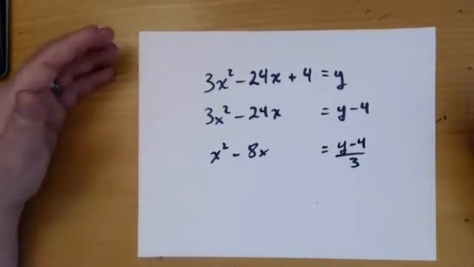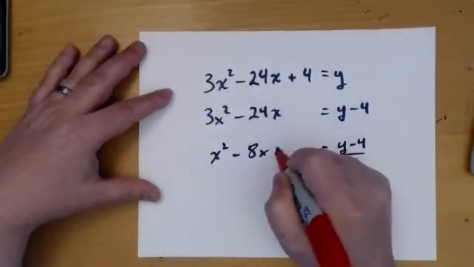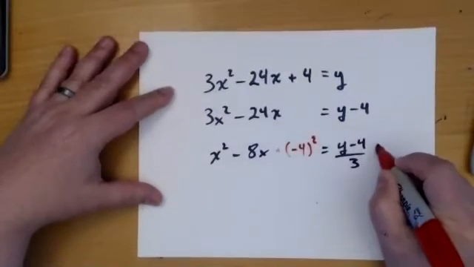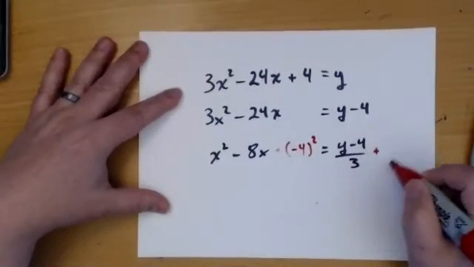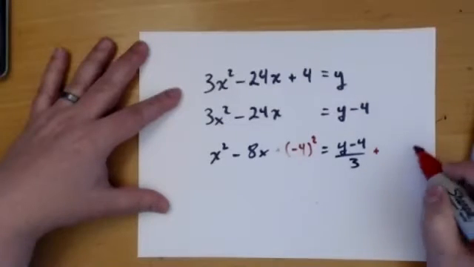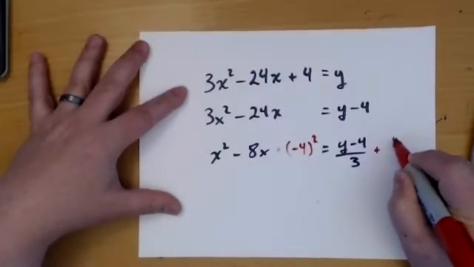Okay, and now we can complete the square. So I add -4 squared, and I'm just going to say 16, but 16 over 3 is 48/3.